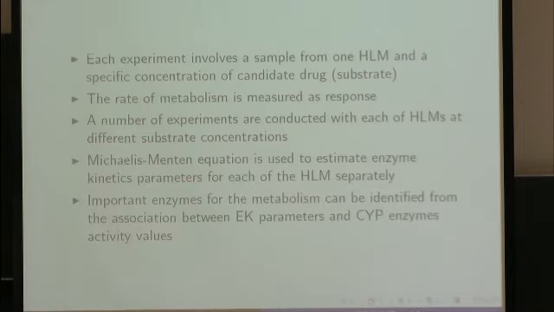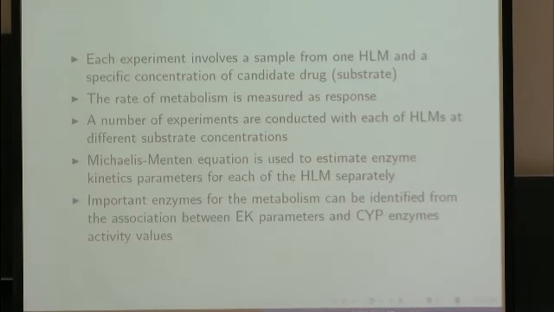This model is used to estimate the enzyme kinetic parameters, which are Vmax and Km, for each HLM. What the pharmaceutical companies do is a correlation analysis between these enzyme kinetic parameters and the activity values for each of the enzymes.